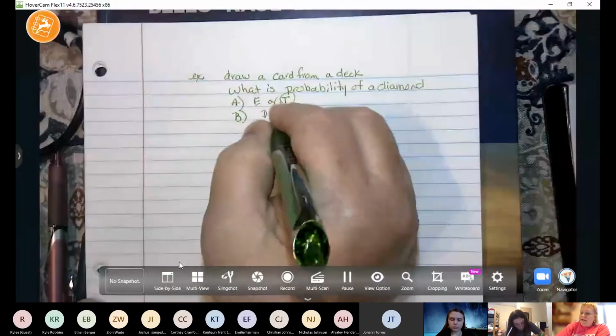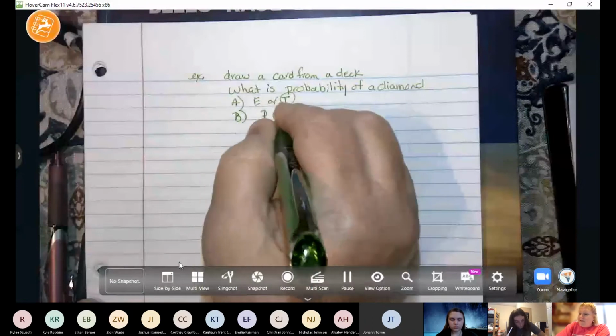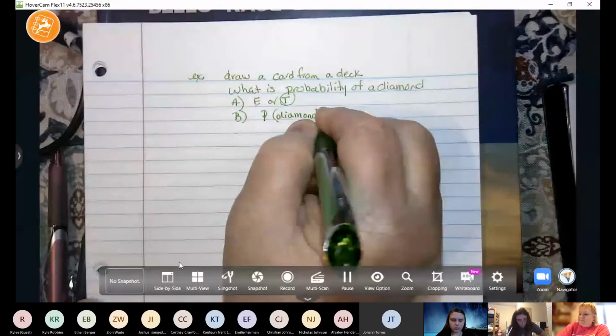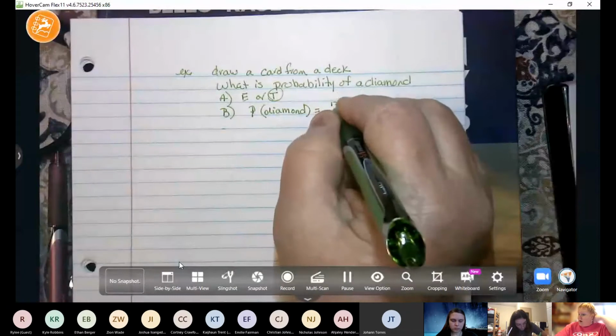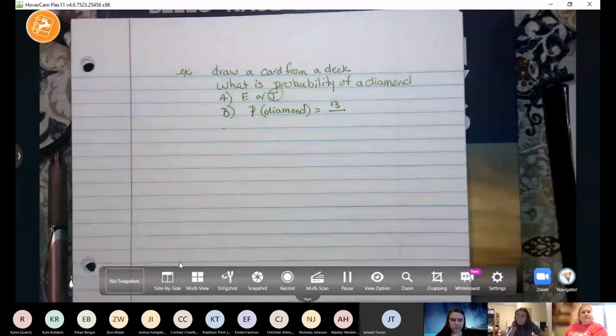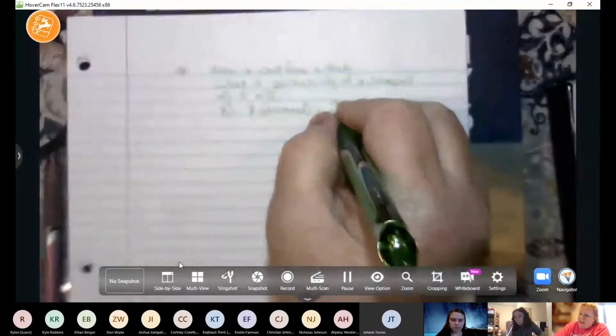So the probability of being a diamond means that there are 13 diamonds in our deck of cards. There are 52 cards in the deck.